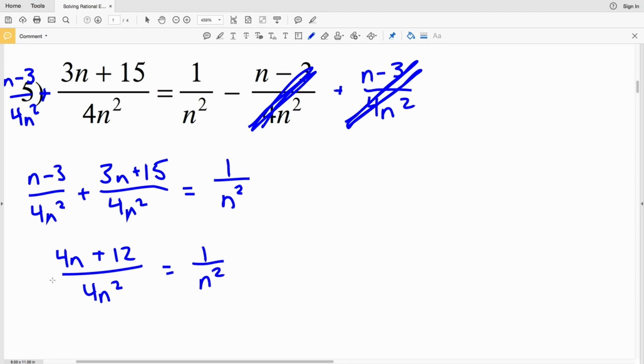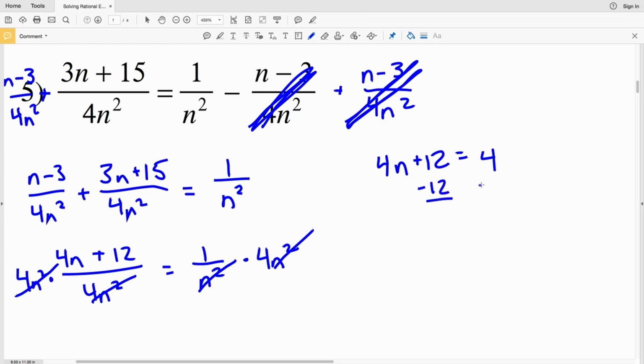Now I'm going to multiply both sides by 4n squared so that my 4n squareds will cancel out. So I'll be left with 4n plus 12 on the left-hand side, and my n squareds will cancel out on the right. So I'll be left with 1 times 4, which is 4 on the right-hand side.